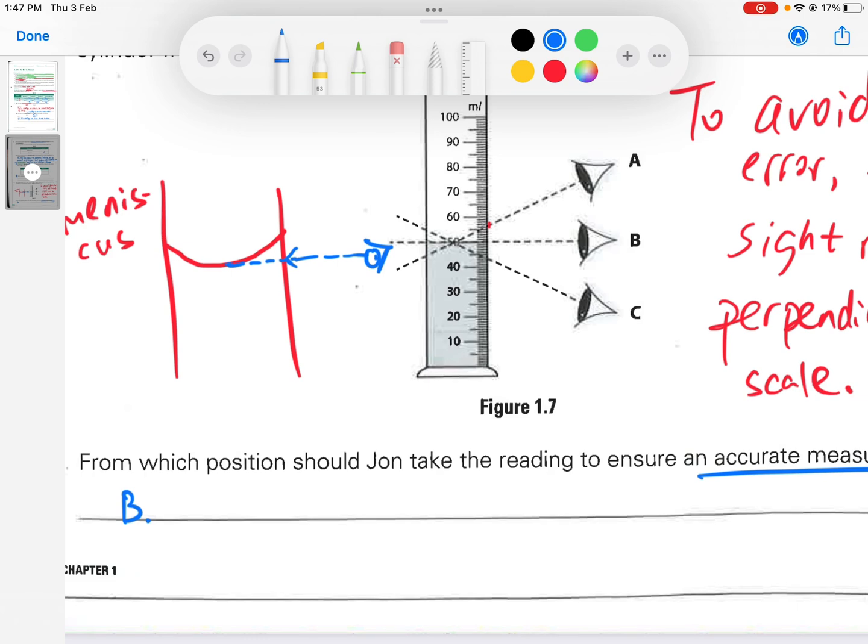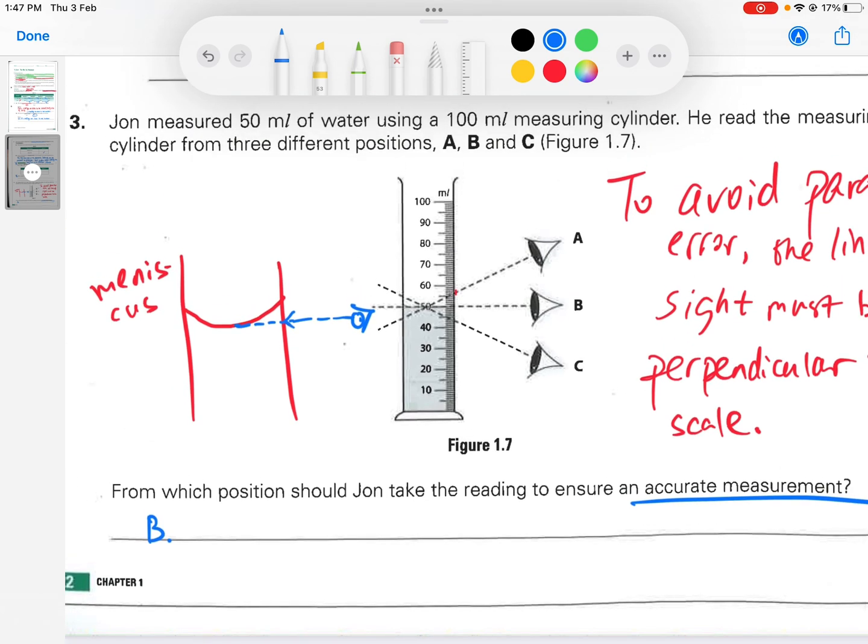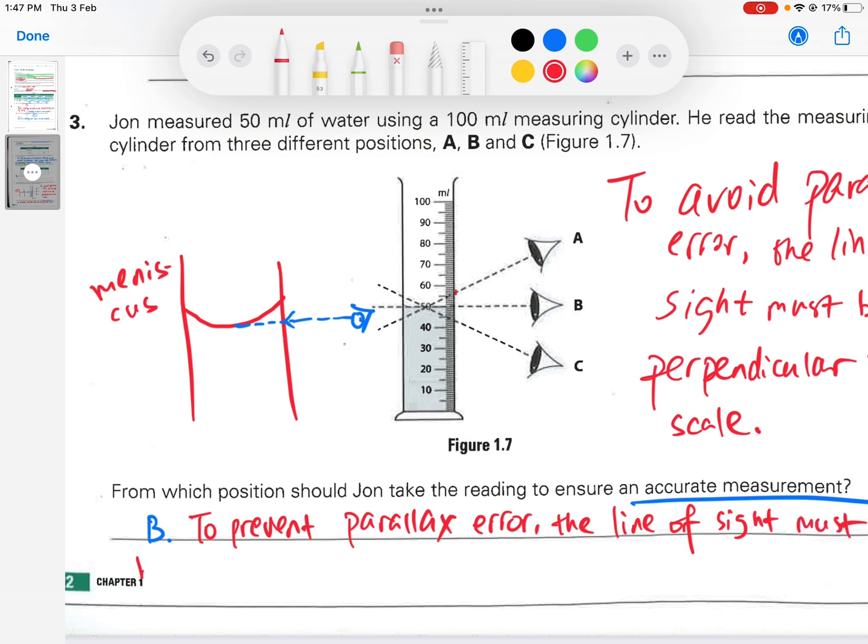They didn't ask you why, but you just add something a bit more so that you remember the reason why we chose B. So we can write down: to prevent the parallax error, the line of sight must be level with the bottom of the meniscus, meaning the curved surface of the liquid.